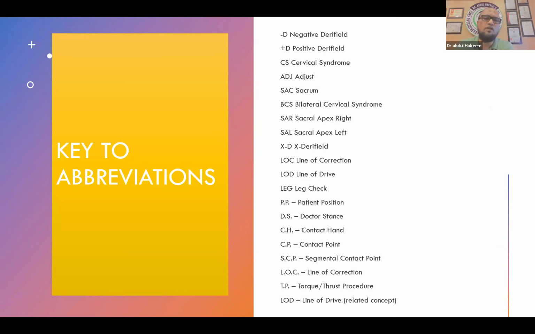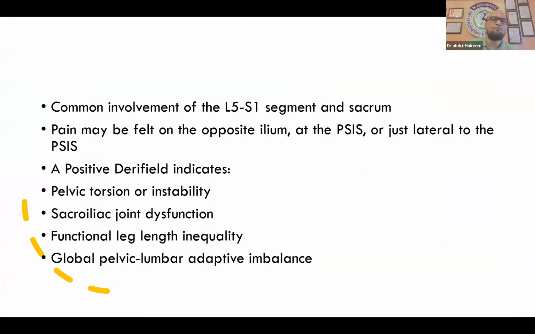LOC is the line of correction, whereas LOD stands for the line of drive. PP is patient position, DS is doctor stance, CH is contact hand, numbers will be there for contact hand. Then CP is contact points, SCP segmental contact points, TP is the thrust, LOD is the line of drive.